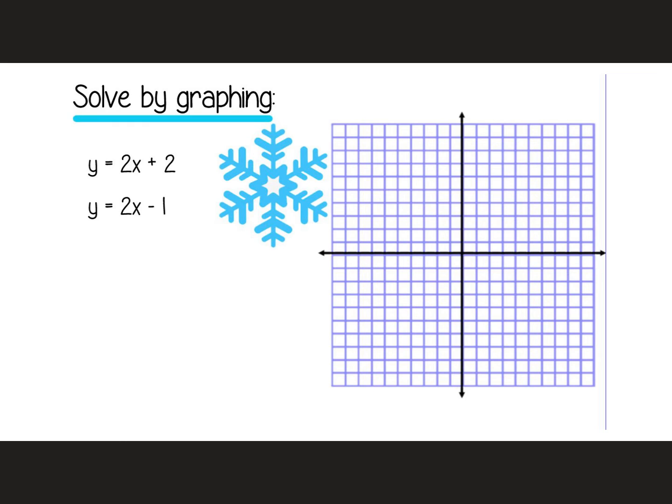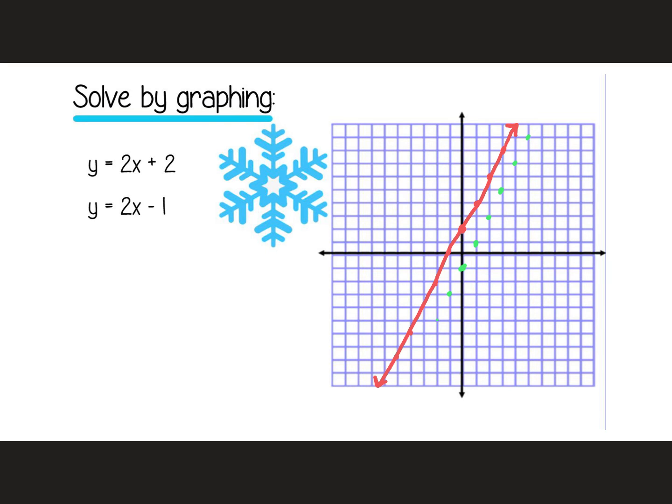Next, here we have the line y equals 2x plus 2, so the y-intercept is 2. And then I would go up 2 over 1 for my slope. And then the next one, the y-intercept is -1, and we go up 2 over 1.